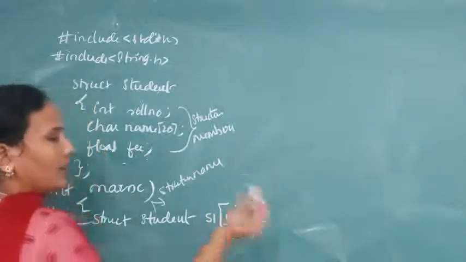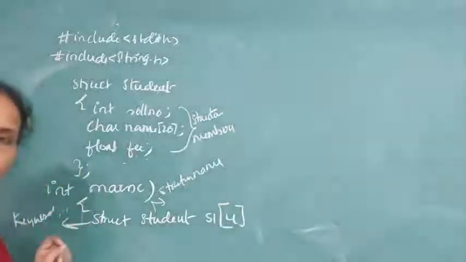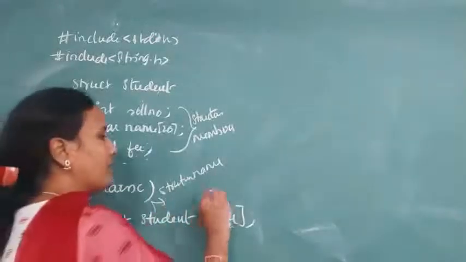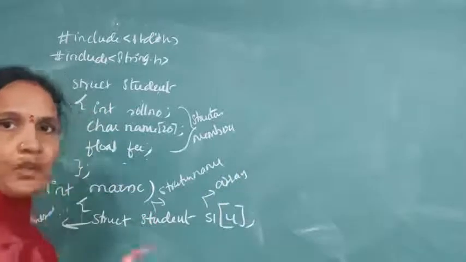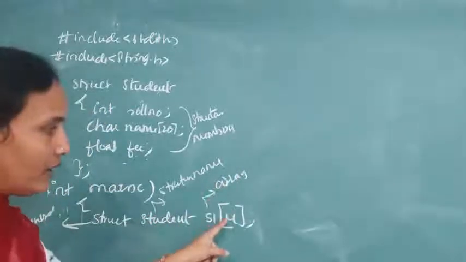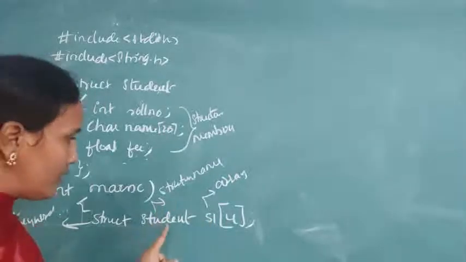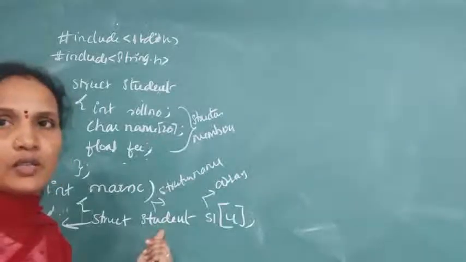Okay, you declare 4 students. Understood? Now, here it is an array. I think you all know it is an array. So, an array, it is using a structure. Which structure is it using? Student structure it is using.